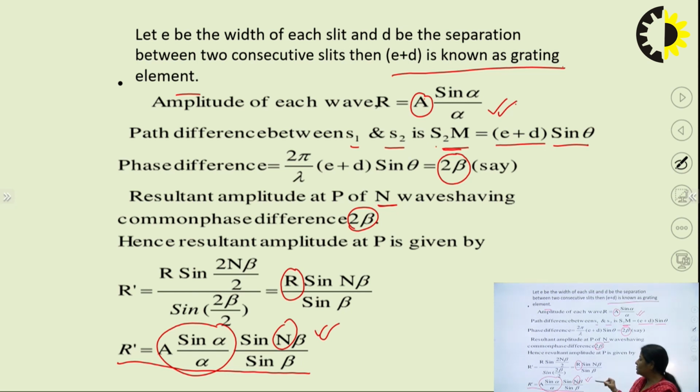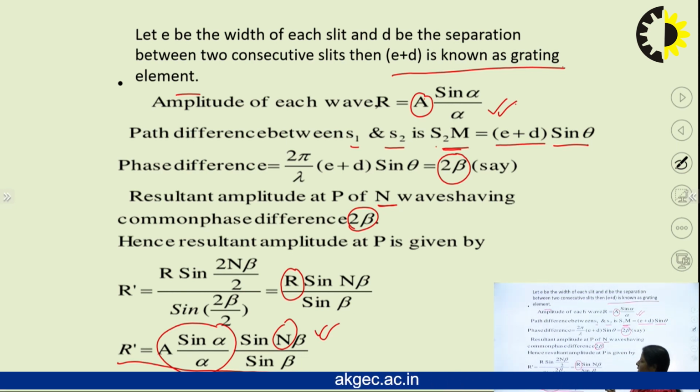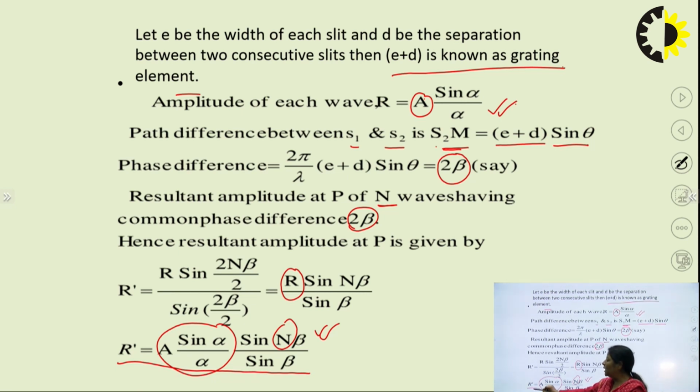So this part is showing that superposition part, that n number of diffracted beams are there and then they superpose. So this is showing the contribution of n slits. This is a part which we must understand, that if we write down the resultant amplitude due to the n number of slits, then we will be having the individual contribution of the slit also, and we will be having the combined effect of the n number of slits also.